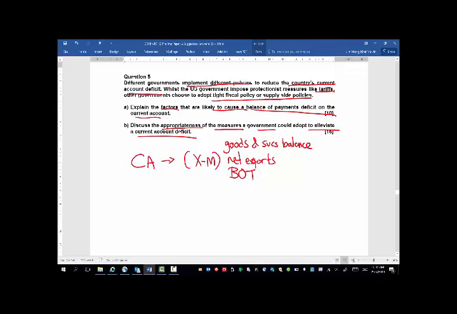Is that the only component of your current account? You have your income balance. What else? Unilateral transfers.